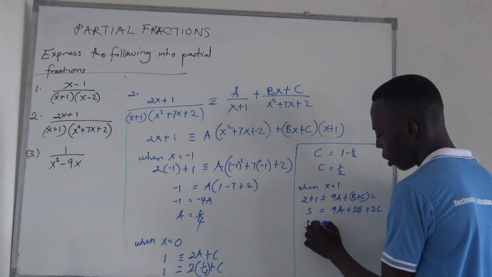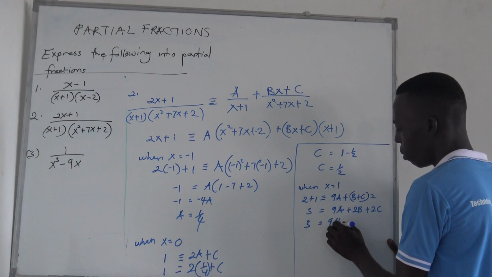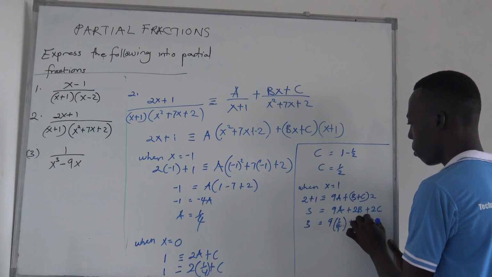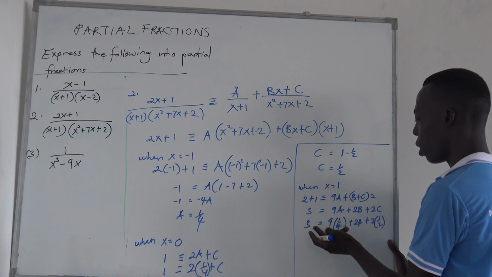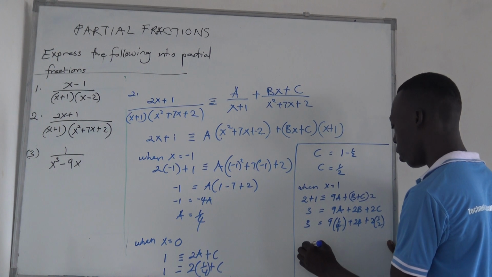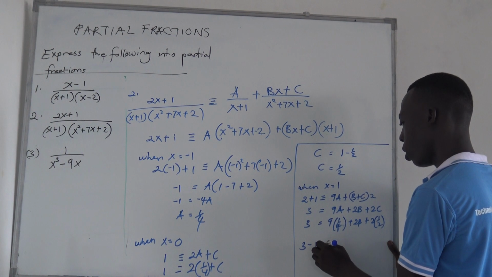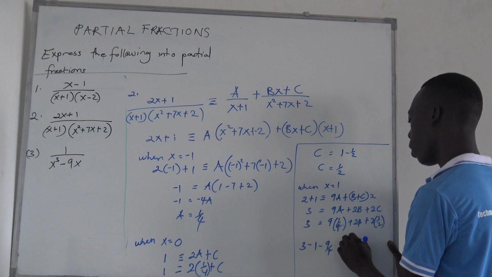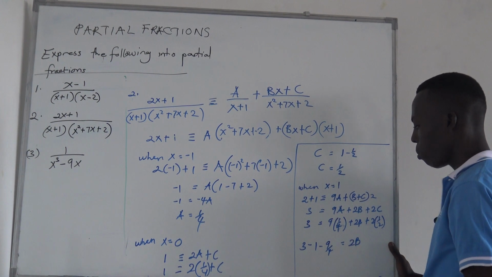So this one is 3 equals 9 into 1 out of 4 plus 2b plus 2 into a half. So this one we cancel, we take it the other side. Also this one we shall have something like 3 minus 1. So also when you take this one this side, that is minus 9 out of 4 equals 2b. So this one gives us 2b.